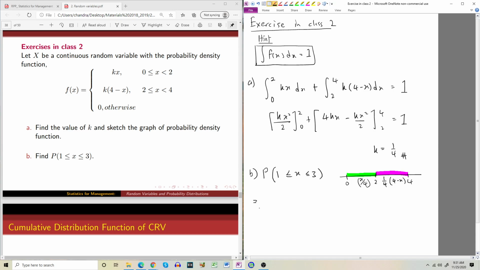Okay. Now in this case we need to split, because 1 to 3 is not one function. If 1 to 3 represented one function, it should be easy.